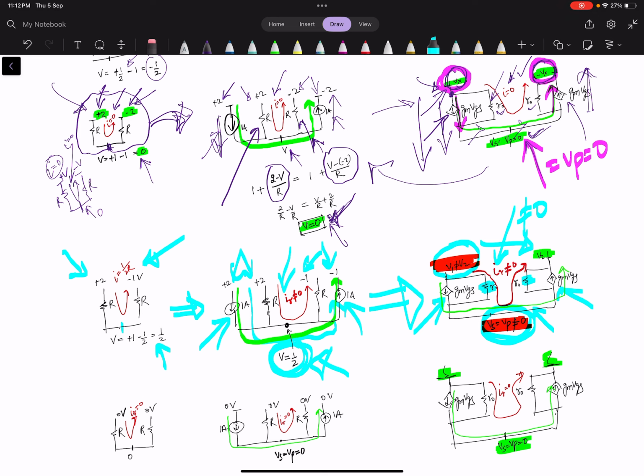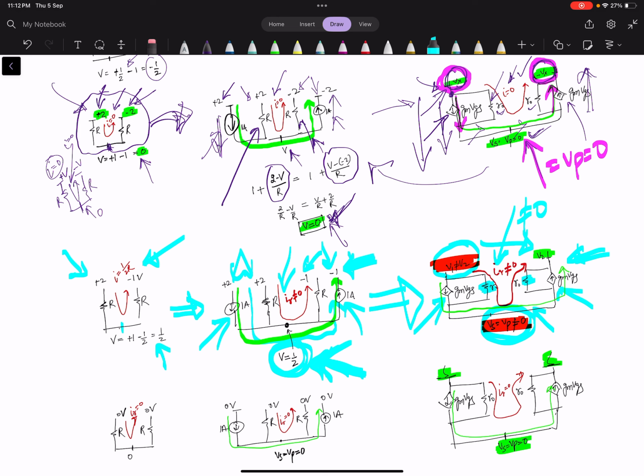If you have difficulty visualizing this figure, you can assume something like this, so you will be able to see the current direction easily, and because of that you will see that there is a potential here.